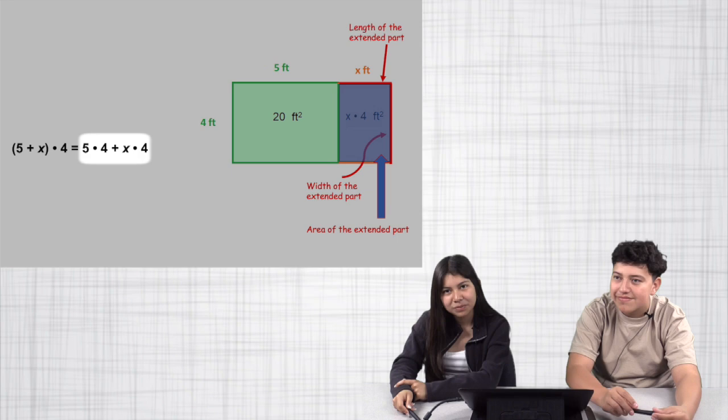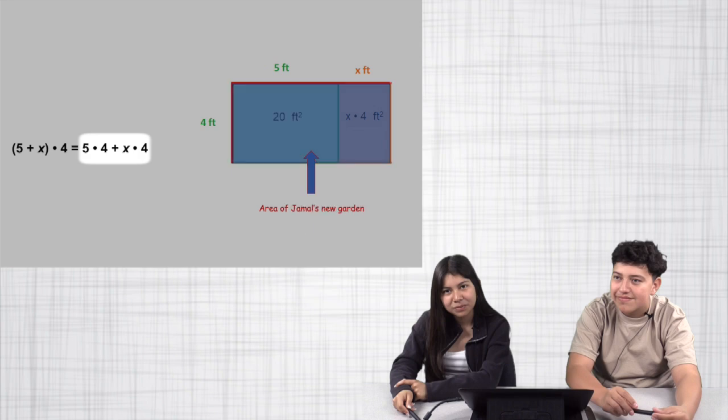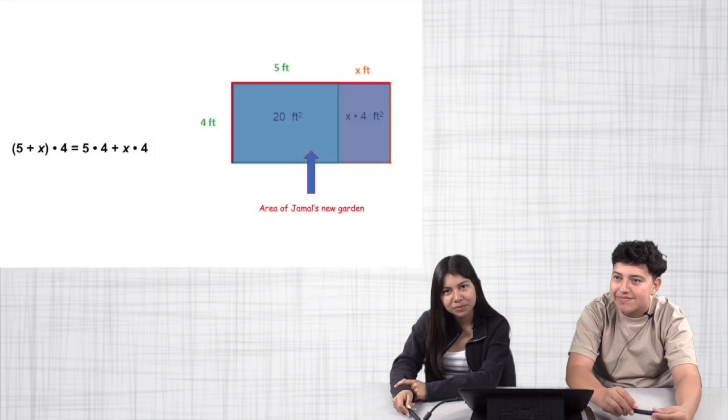Adding these together also gives the area of Jamal's new garden. Emily said the quantity 5 plus x times 4 is equal to 4 times 5 plus x times 4 because it's like saying the new area equals the new area. As Emily put it, it's two separate ways to show how you can find the area.